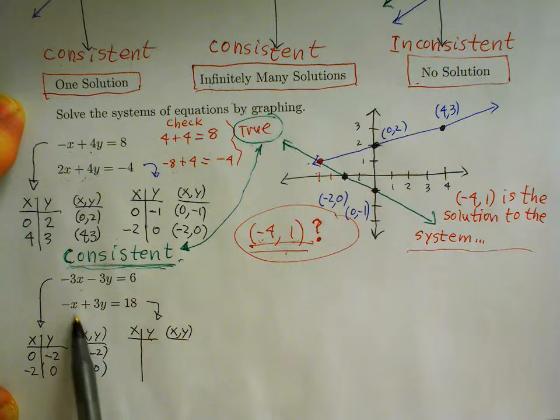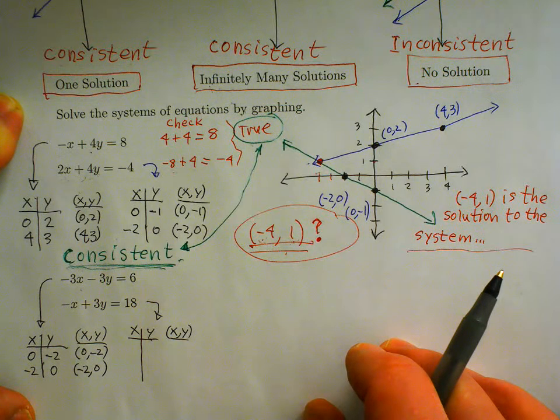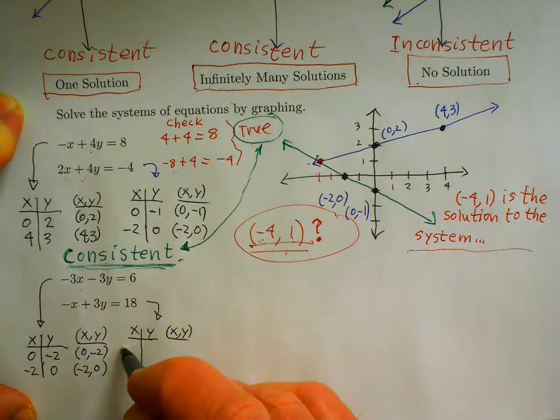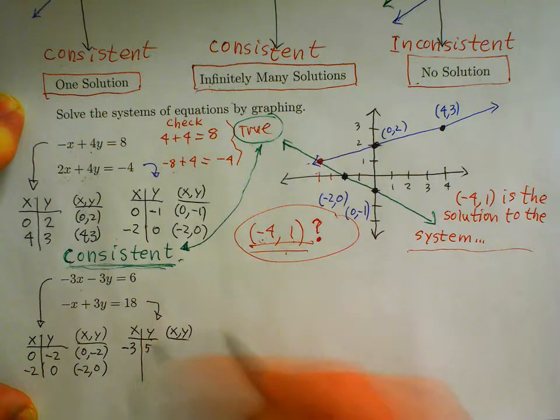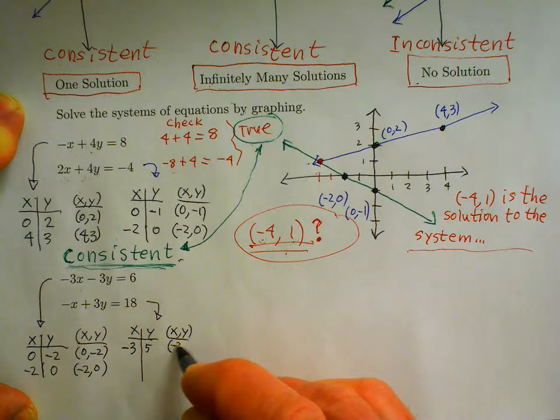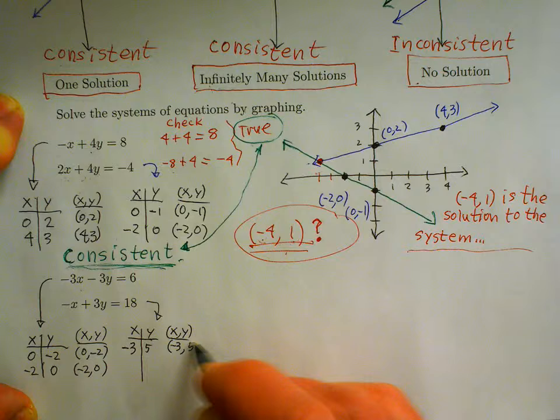So let's see, if I pick x to be -3, so the negative of -3 is 3, and if I subtract 3 from both sides, I'll get 3y equals 15, and then divide both sides of that by 3, I get y equals 5. So the ordered pair -3, 5.